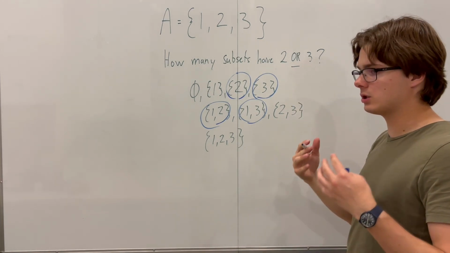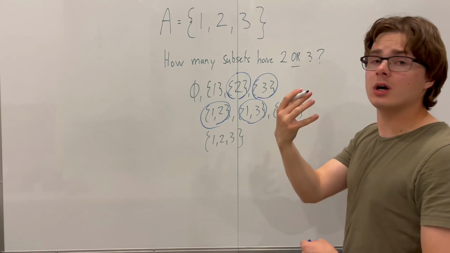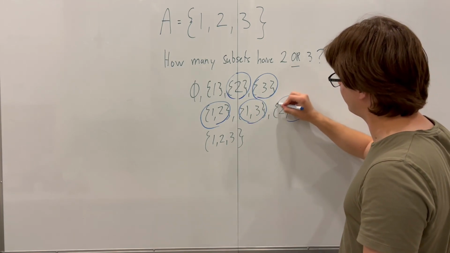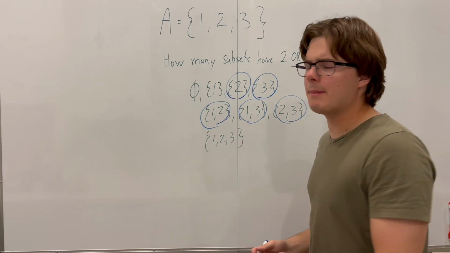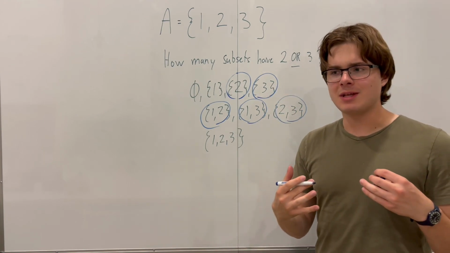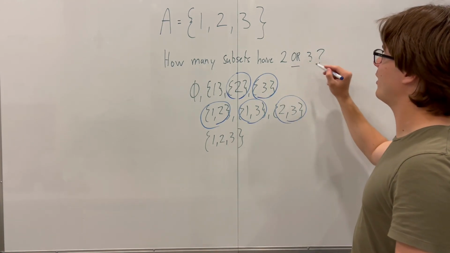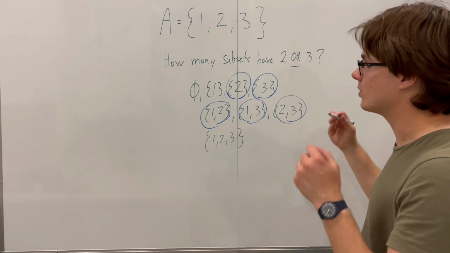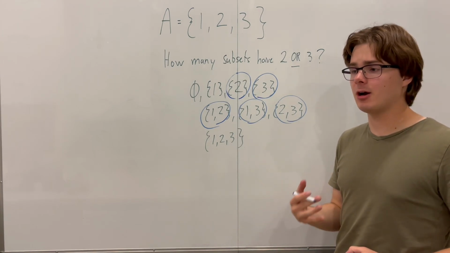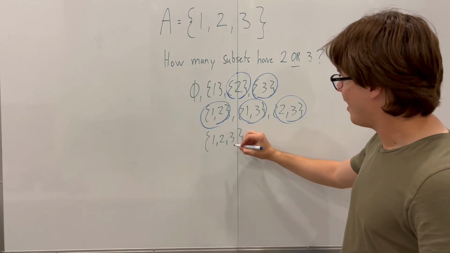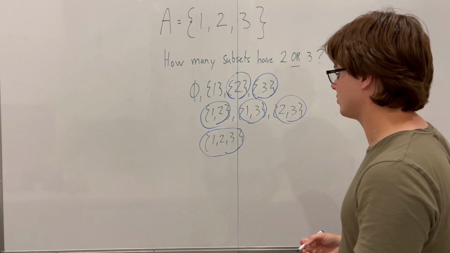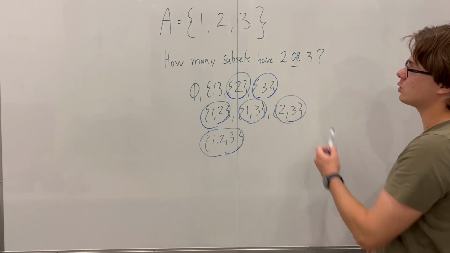The or includes both of them, or one of them. This has both. And, a better way of saying it, the or basically means it has to have at least one of these two. And this has both, so it definitely meets the criteria of having at least one of those two. And similarly here, this set also contains at least 2 or 3.